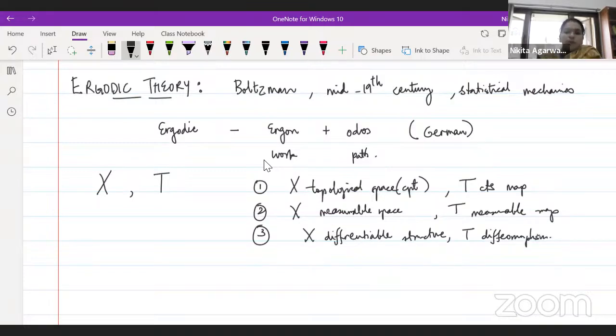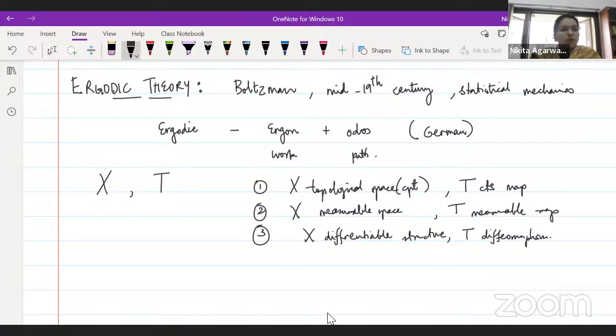Okay. So depending upon where you are, if you are in the first setting, you fall in the area of topological dynamics. The second one is classified as measurable dynamics, and the third one as differentiable dynamics. So depending upon the properties of the space, you have a map with properties that relate to the structure of the space.